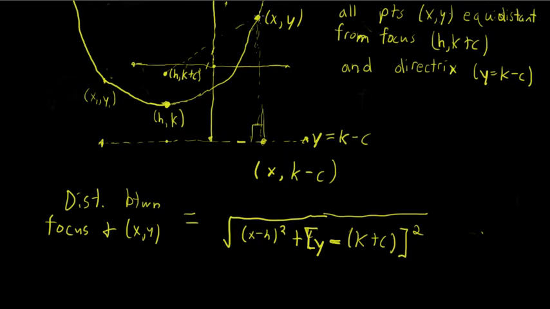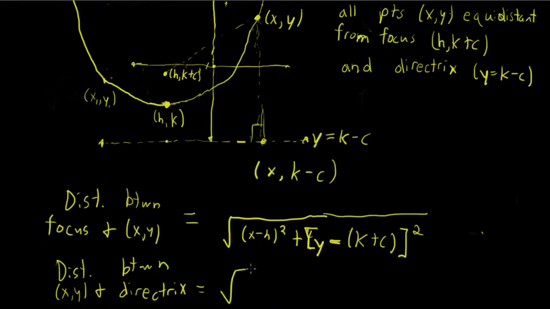What about the distance between this point x, y and the directrix? So this distance is just, see, the x coordinates are the same, but for sake of completeness, I'll just write out the whole distance formula expression.